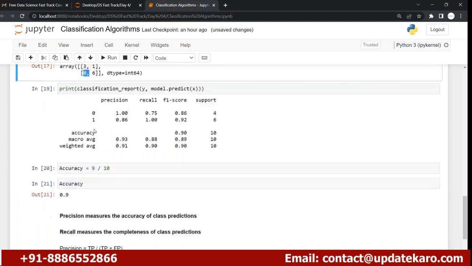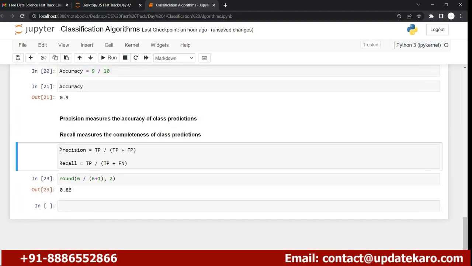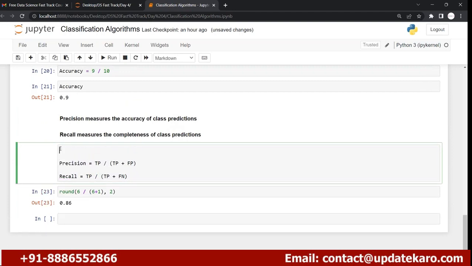plus false negative. Now these formulas are for class 1, or in short, your positive class. That's why you will see that true positive is there, true positive is there, true positive is there, right?